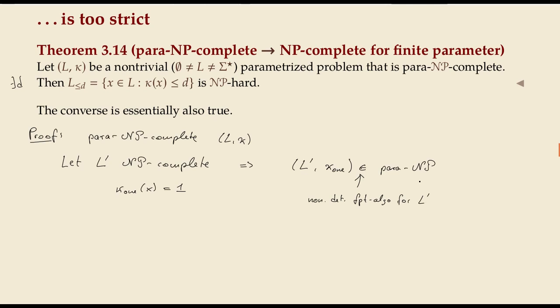So for sure this holds, right? So we have a parameterized problem that's in para-NP. Now our L kappa is para-NP complete, so there must be a reduction from this strange parameterized problem to our problem L kappa.